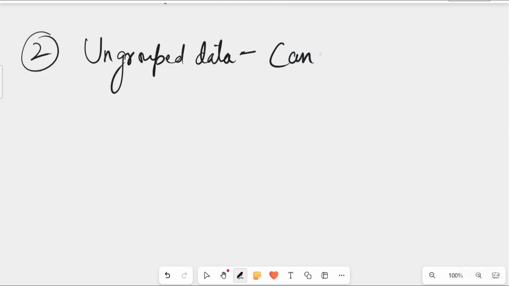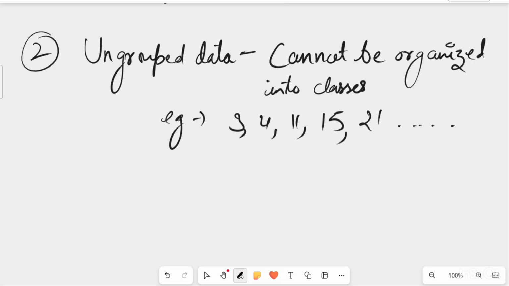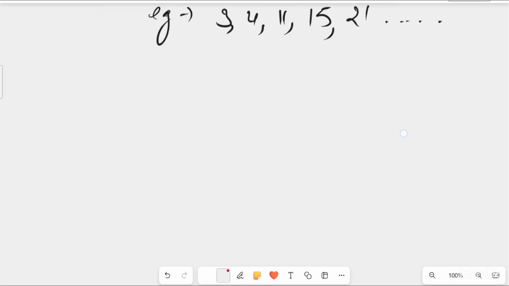Or it is just a list of numbers. It is ungrouped data like 3, 4, 11, 15, 21 and so on. So that is grouped data and ungrouped data.